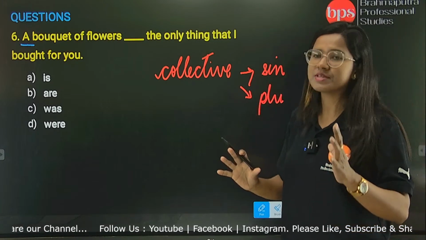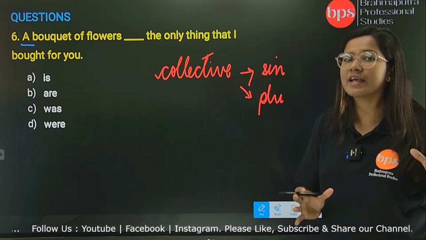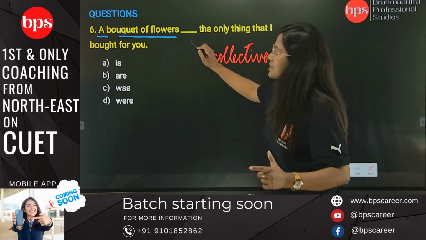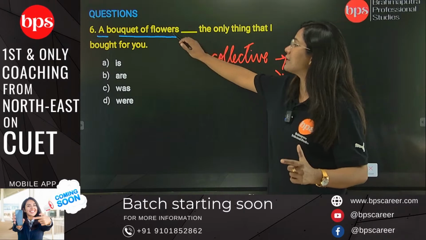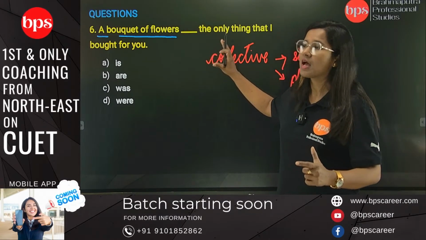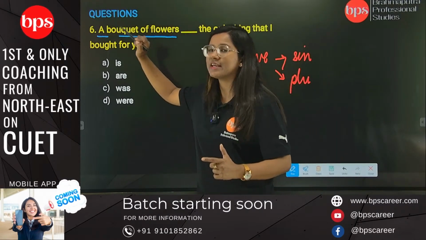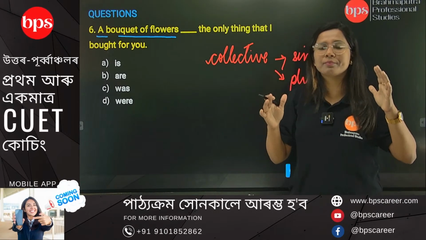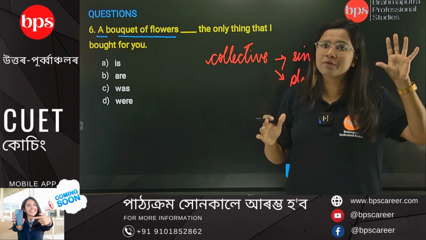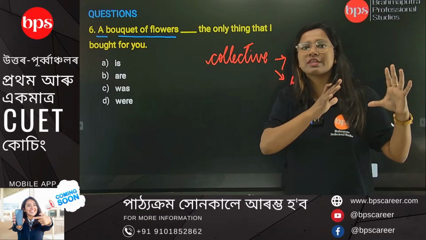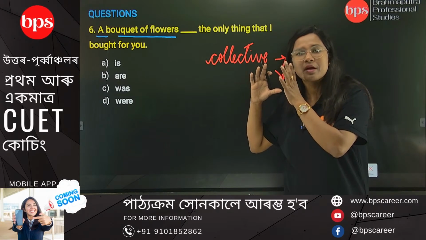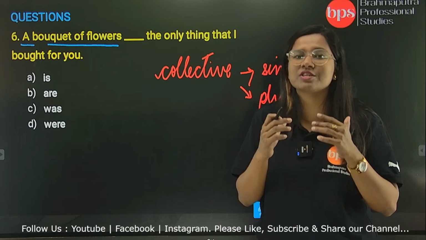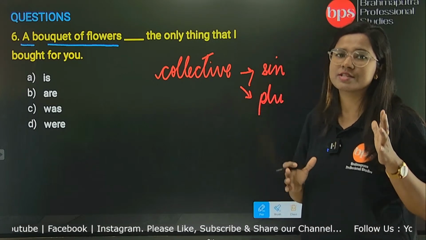So whenever the idea is singular, we will not refer to the nearness of the verb or nearness to the blank, but we will refer to the main idea. What is the idea here? We need to think about the nearness, and we also need to think about what the actual idea is that is being expressed in the sentence.